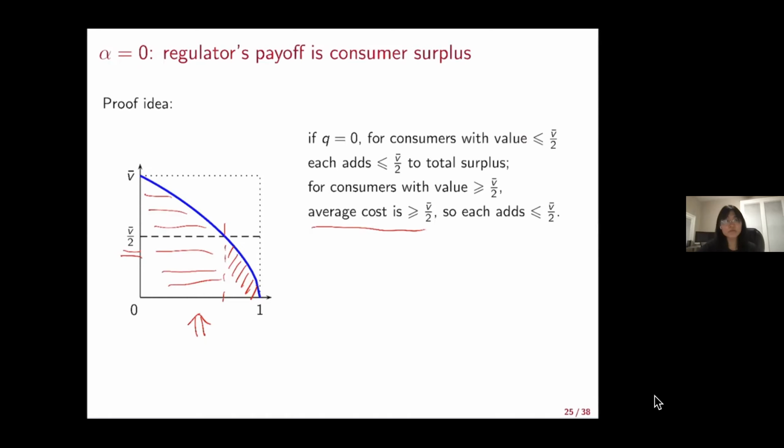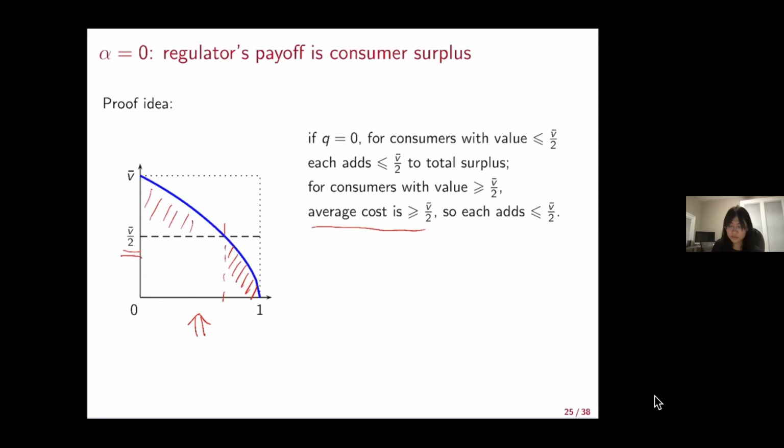So if you give me a price cap of half V bar and I can charge a price at half V bar, but I choose not to produce, the only reason is that the average cost is more than half V bar. So this means that for the consumers who value the product very highly, each one of them contributes at most half V bar to the total surplus as well. So this shows that the total surplus in the market is at most half V bar.